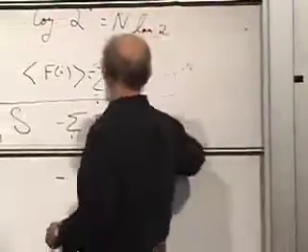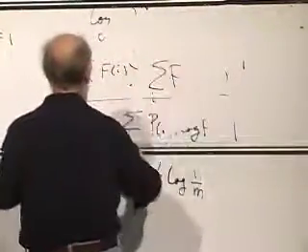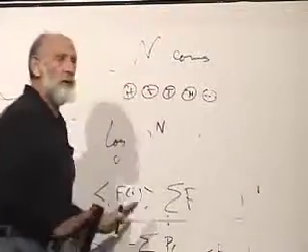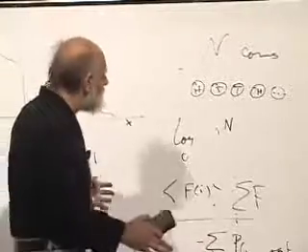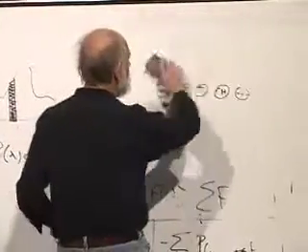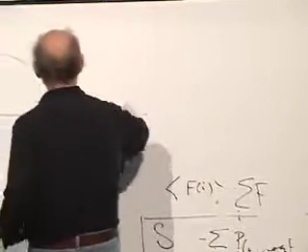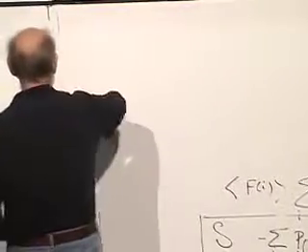Let me first explain when a system can be said to be in thermal equilibrium. These are not necessary and sufficient conditions. This is a necessary condition. But for many systems, it's sufficient. For lots of systems, this is good enough.